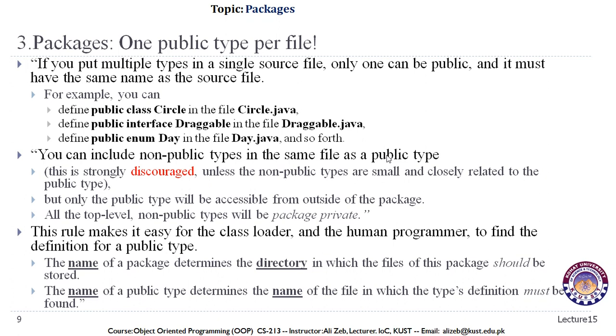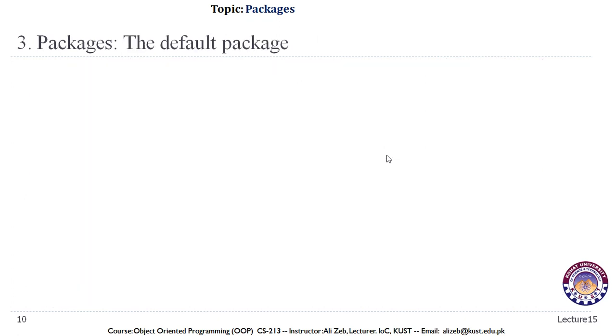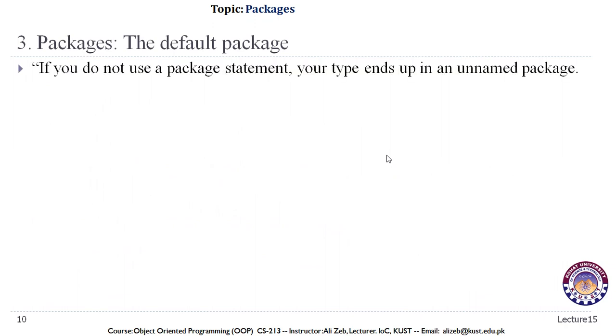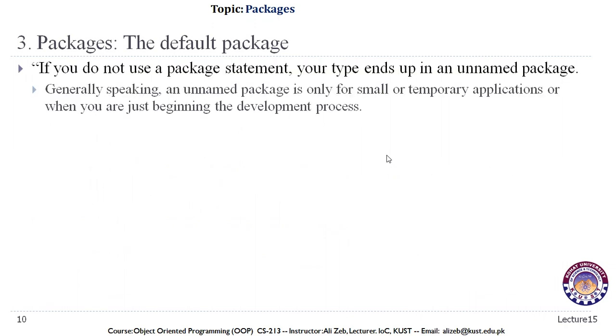So we can say that we always save our file with the same name as our class name. The default package: if you are using an IDE, for example, it allows you to declare a package for you by default.